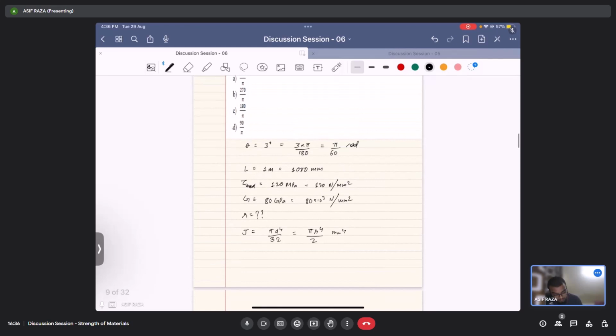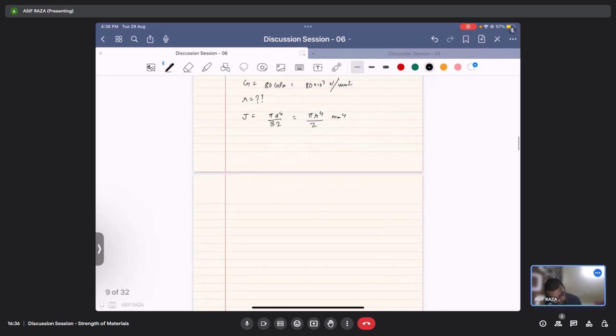And just let us write the torsion equation. Theta by L equals tau max by R, tau by R. So we are already provided with the max value. So we'll use the second and third expression.